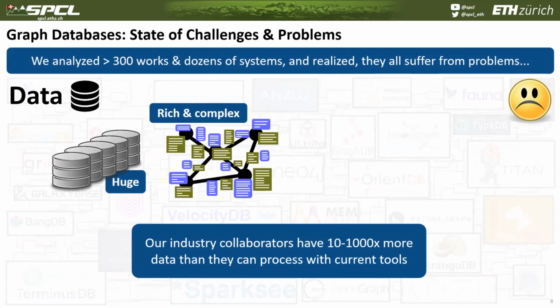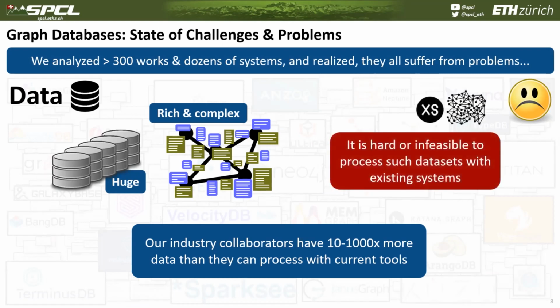Now, in our long discussions with different collaborators, we have the insights that basically they easily have at least 10 times more data than they would be able to process. There is just no tool that can, at this point, process all the data that they have. So it's very, very hard to deal with these data sets with current systems.